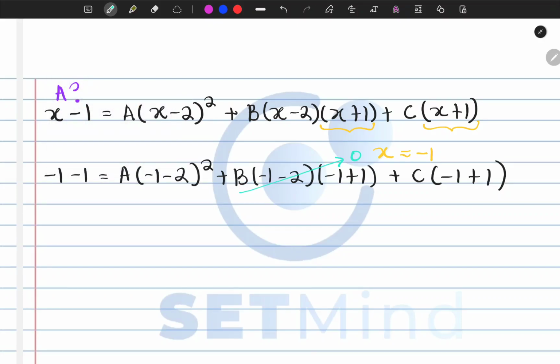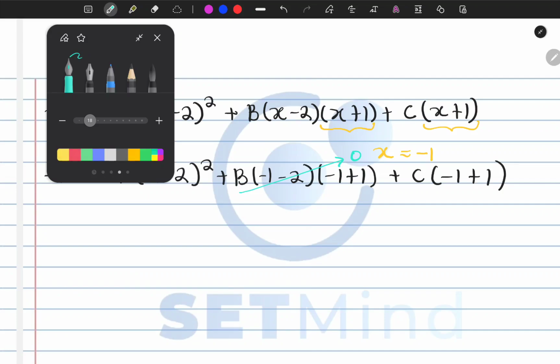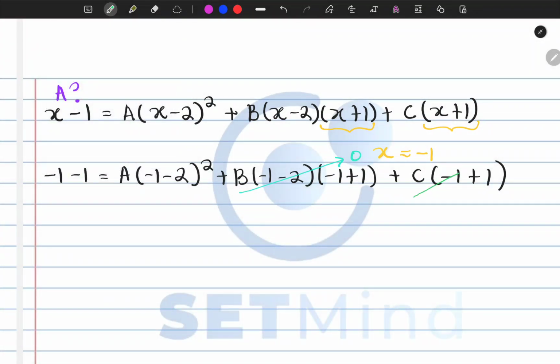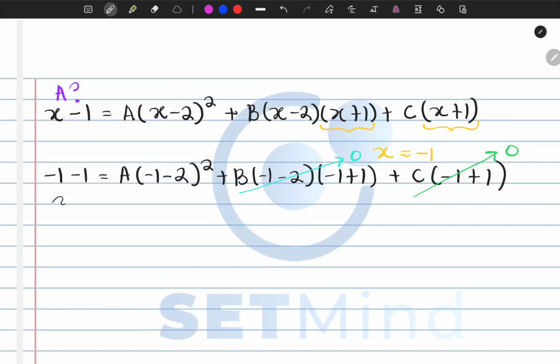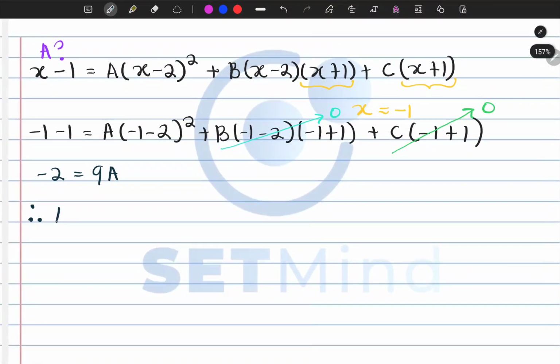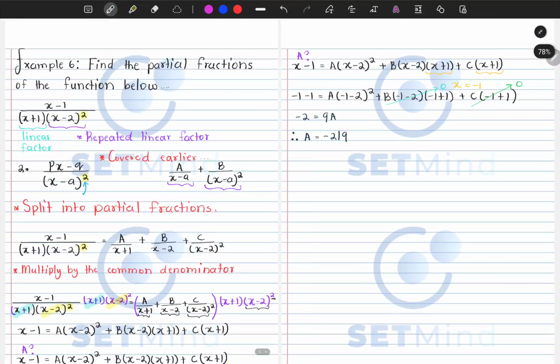This entire term becomes 0, and also the c will be multiplied by 0. So all we have is simply -2 equals -1 minus 2 all squared. That will give us 9, so this will be 9a. If you quickly solve for a, you should be able to see that our a will be -2 divided by 9. That is what our a is.